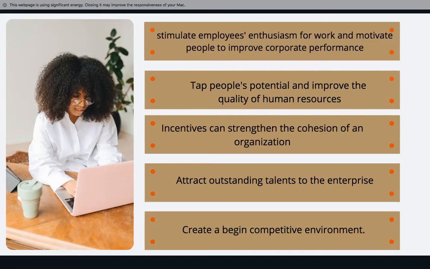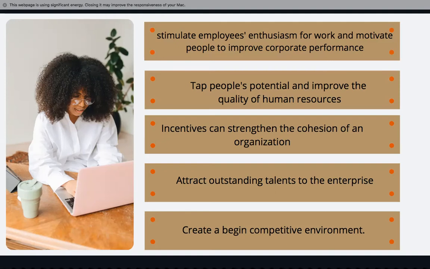It can be seen that motivation with the main purpose of mobilizing people's enthusiasm is a business approach and important means of human resource development and management. The introduction of an incentive mechanism in the workplace is not only a manifestation of the modern management of enterprises, but also a good way to meet future challenges.